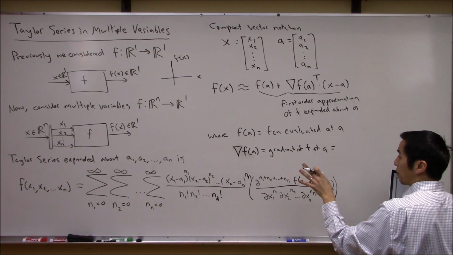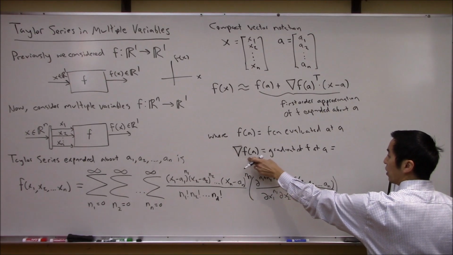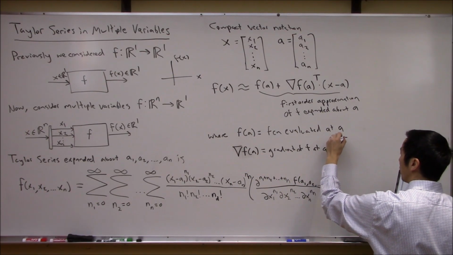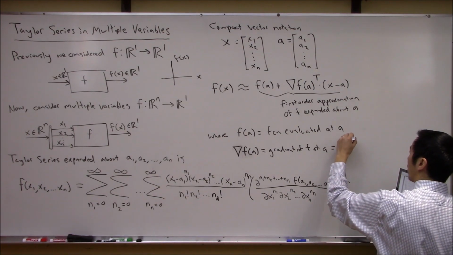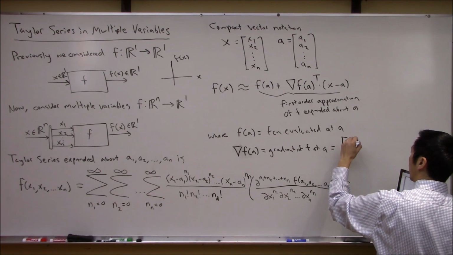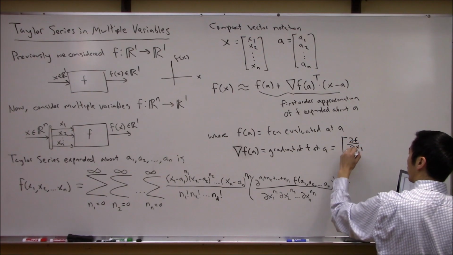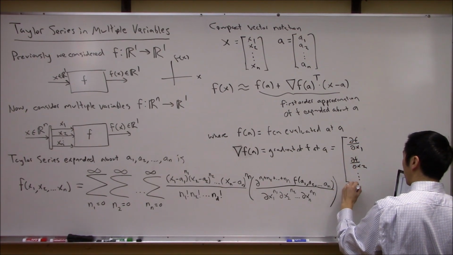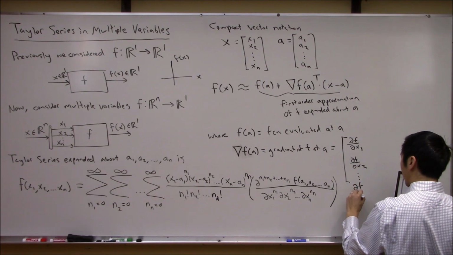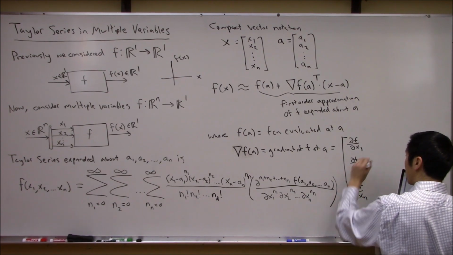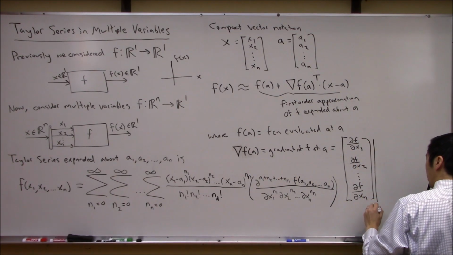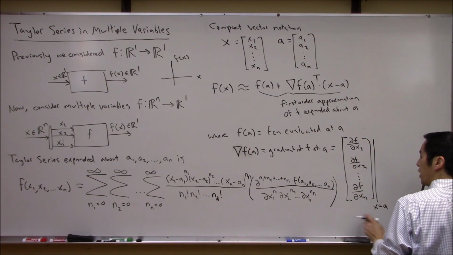We had a completely separate discussion on all of these vector differential calculus operators, and the gradient was really nothing more than a vector of partial of f with respect to x1, then partial of f with respect to x2, all the way down to partial of f with respect to xn, all evaluated at x equal to a. That's what that looked like.